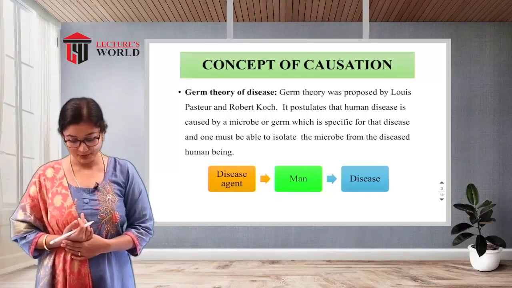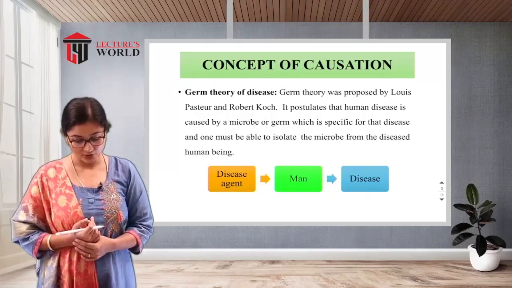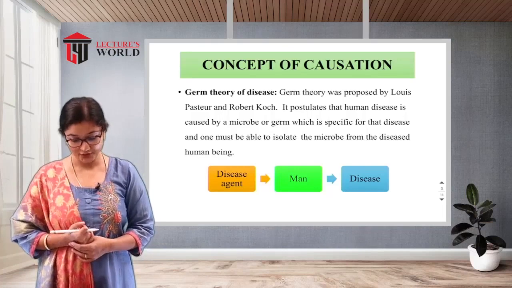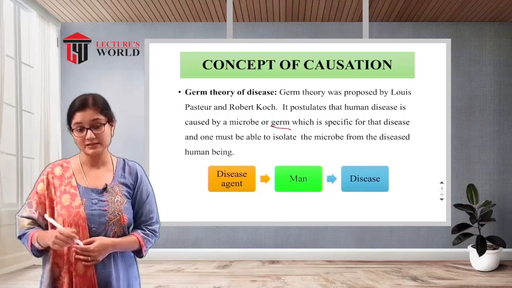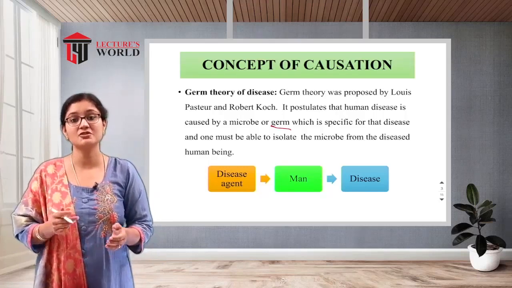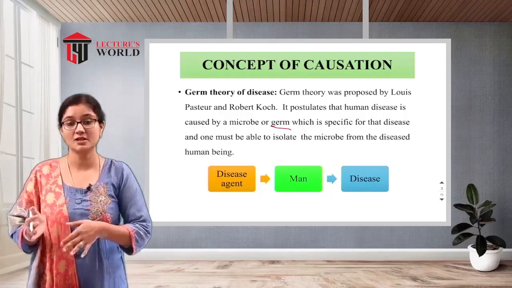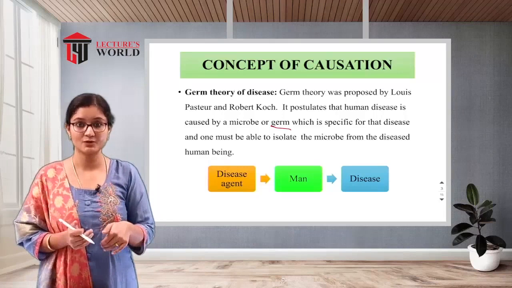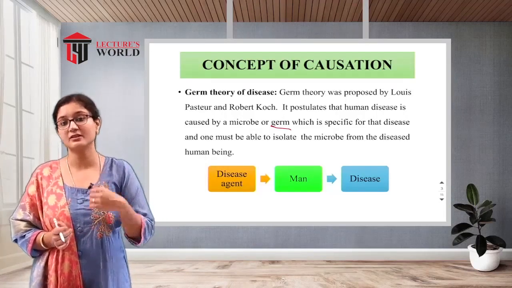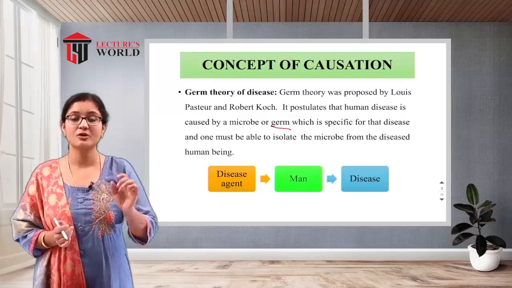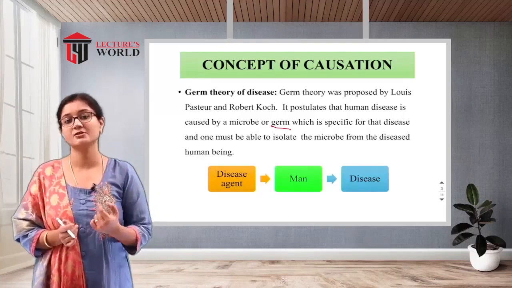Germ theory was proposed by Louis Pasteur and Robert Koch. It postulates that human disease is caused by a microbe or a germ, and that's why the theory name came as the germ theory of disease. According to this concept of causation, a human being is going to have a disease or any illness mainly because of a germ entering into his body.